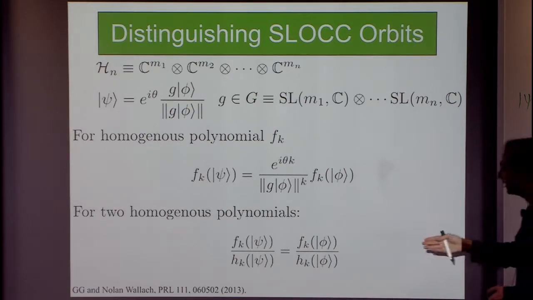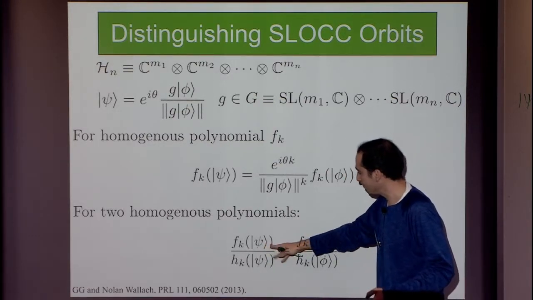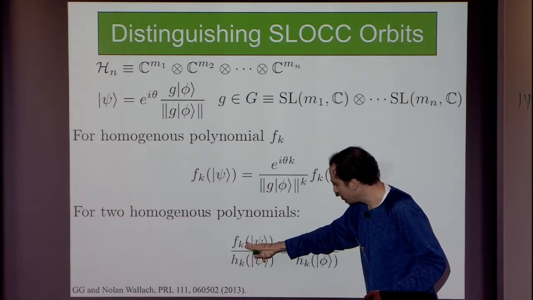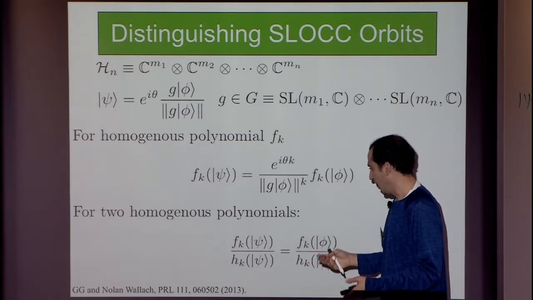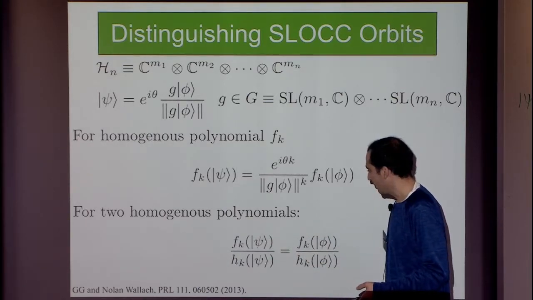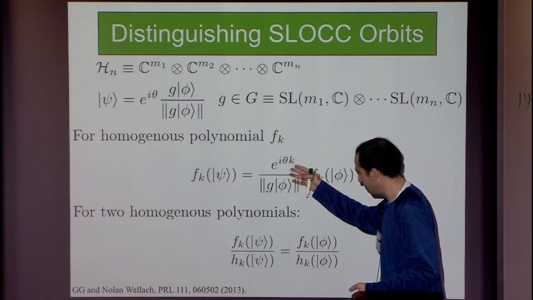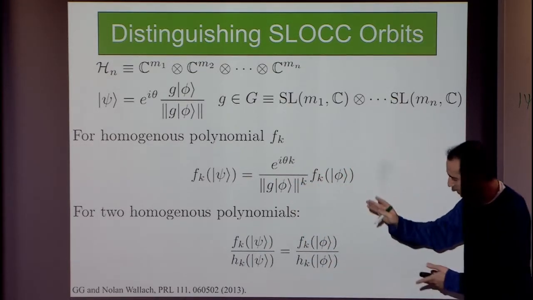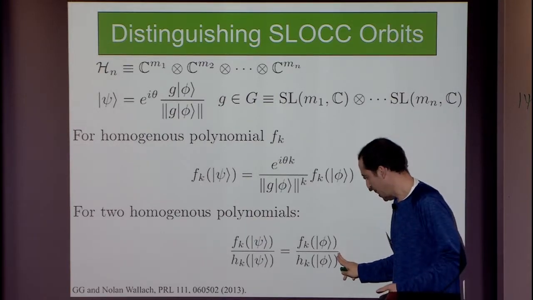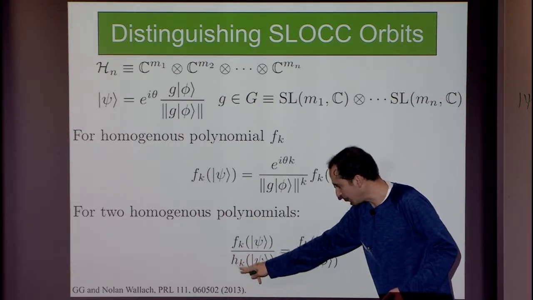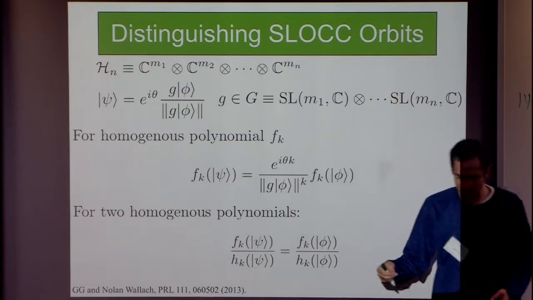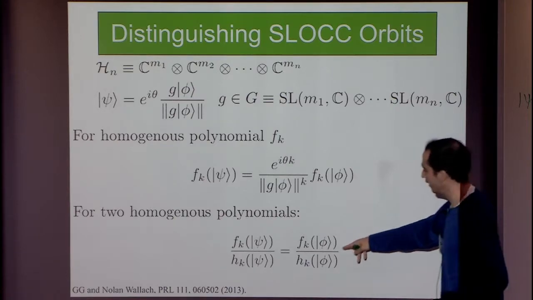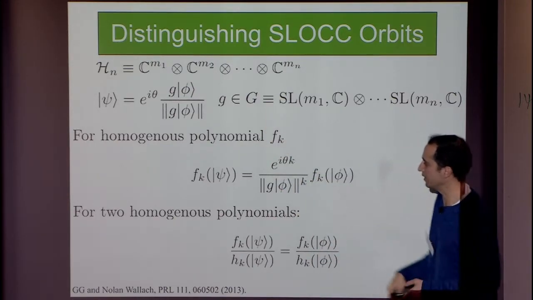So it can be shown that the ratio between two SL invariant polynomials, of course, if they are in the same orbit, this is obvious, and the other way around, you have to be careful. First, we assume that there exists an SL invariant polynomial that is non-zero, and if this is satisfied, then it follows that the states are in the same orbit.